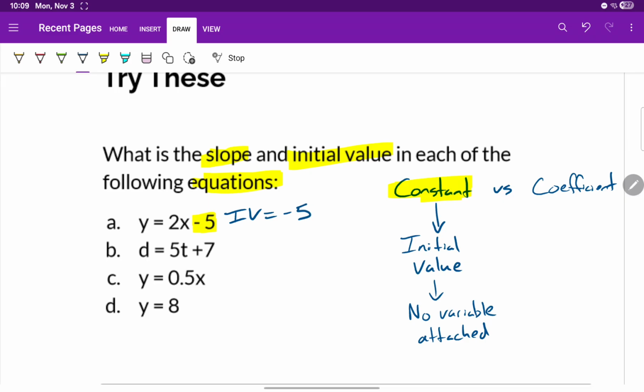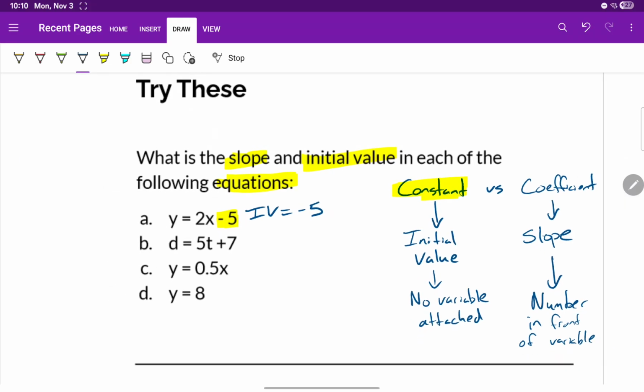Now, coefficient. What is a coefficient? Well, a coefficient is, in this case, in our equations, going to be my slope. And a coefficient is the number in front of a variable. And we should remember this from earlier this year.